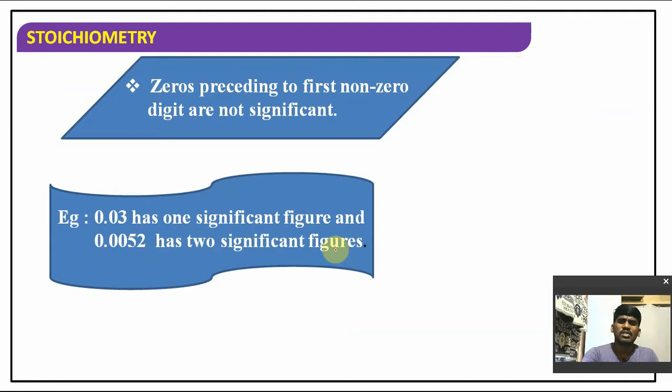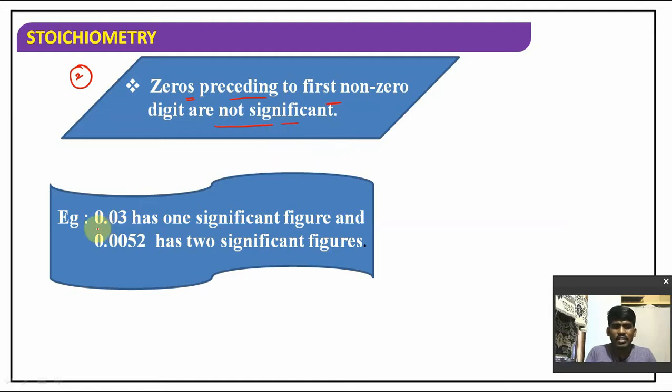Rule number 2: zeros preceding the first non-zero digit are not significant. Preceding means before the non-zero digit. Whichever zeros are there before it, those are not significant.